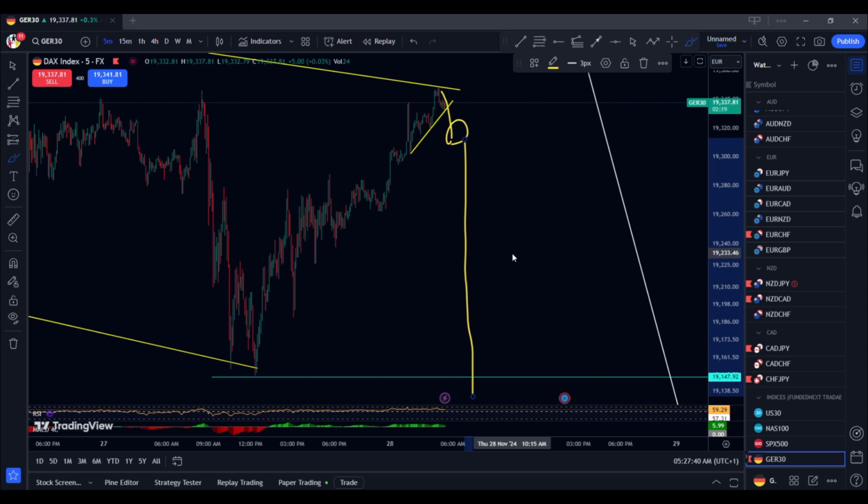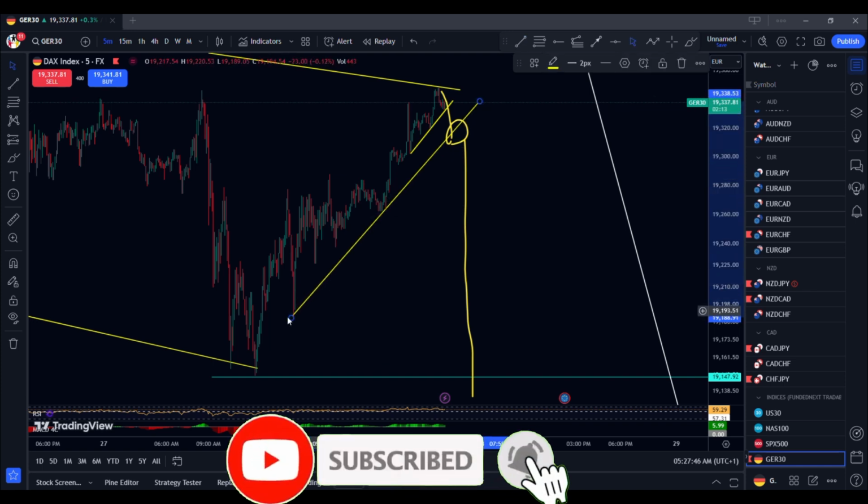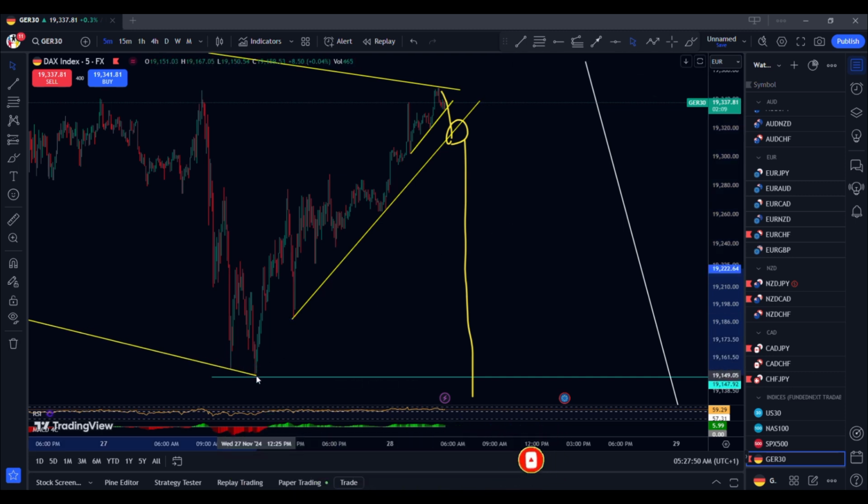Okay, now breaking of that and the correction might bring us to somewhere here. Okay, so I am looking for a break of this and a confirmation to sell.